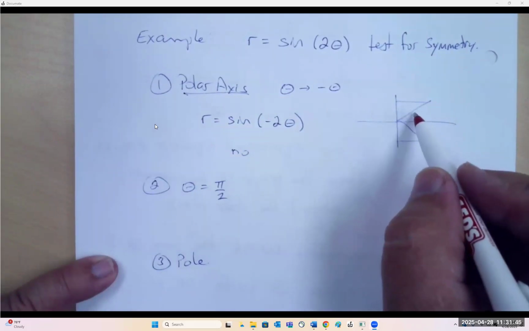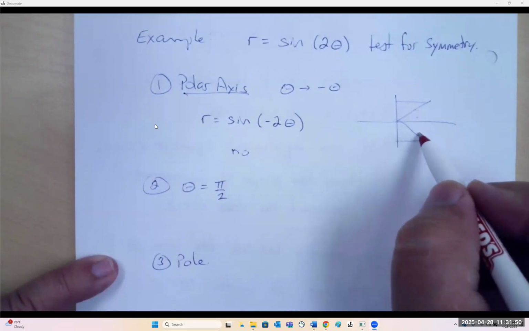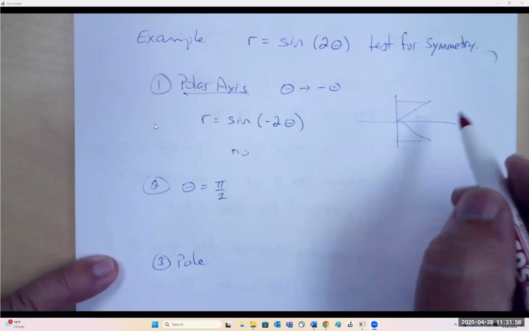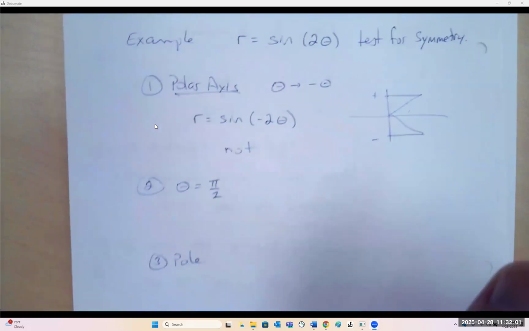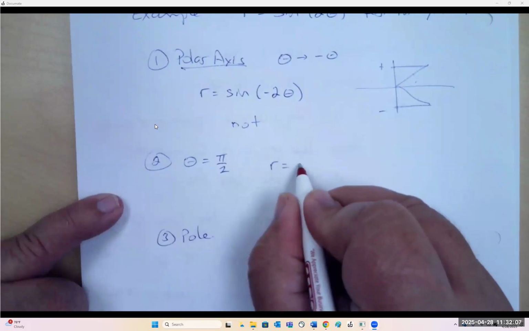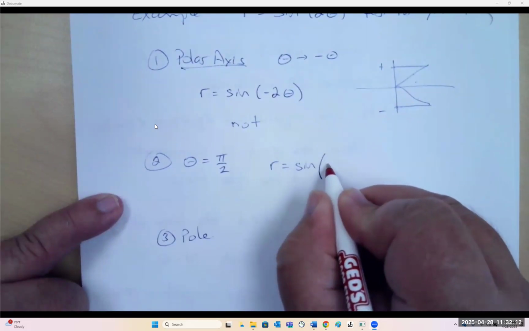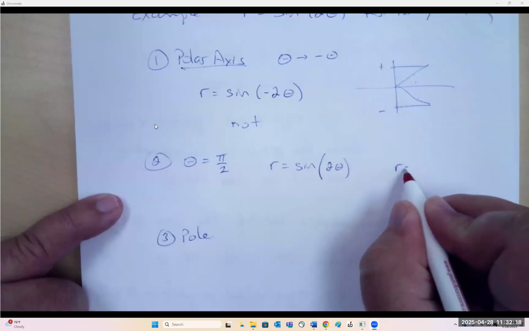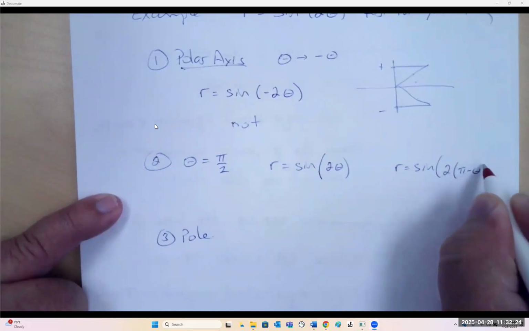A negative angle. So it's not, because it won't give you the same value. This will give you a positive, this will give you a negative. How about r equals sine of 2 pi minus theta?